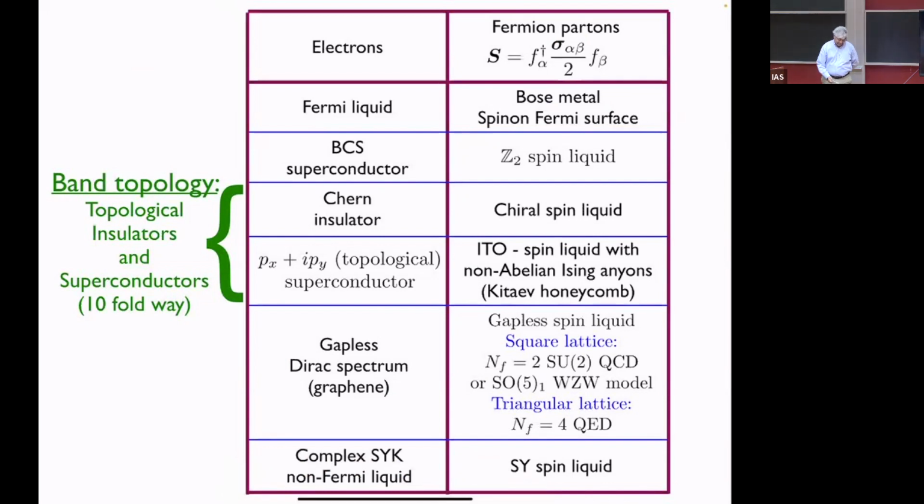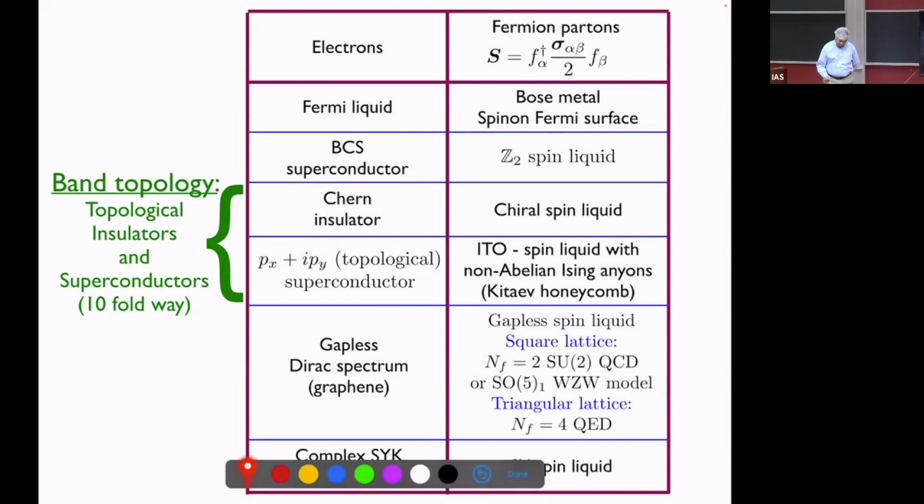You could take electrons and give random interactions between them, as Kitaev did for his Majorana fermions. And if you did this for complex fermions, you get what's called the complex SYK model. It's some kind of non-Fermi liquid model of electrons. But if you did it with partons, you can get a very similar state.